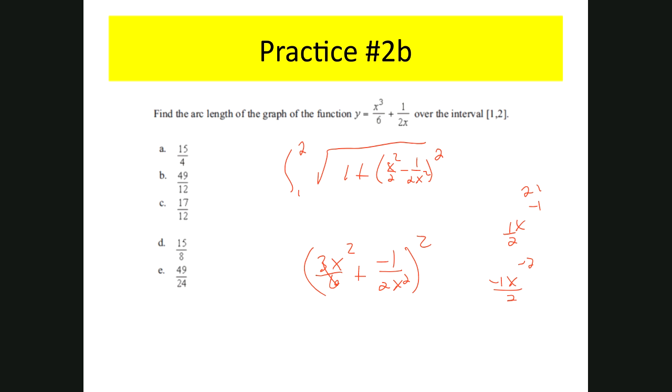Because I'm just looking at my answers here. This is going to be like 2.0 something. This is going to be like 1.9 something. This is going to be like 2 into 17. That's going to be 1 point less than 5. It's going to be like 1.3. 12 goes in there like 3 or 4, almost, so 4.1, something like that. And this one is going to be like 3.9. So these aren't even close.